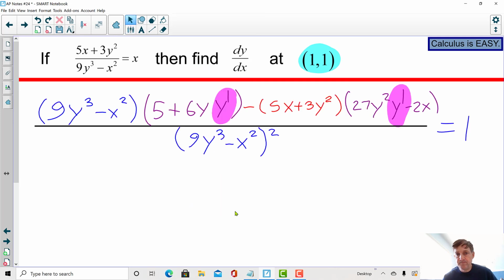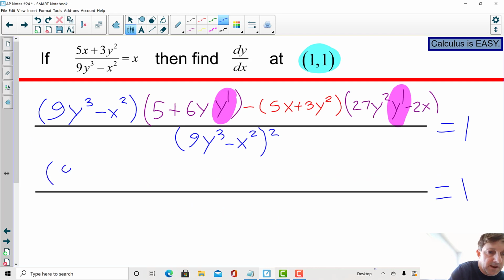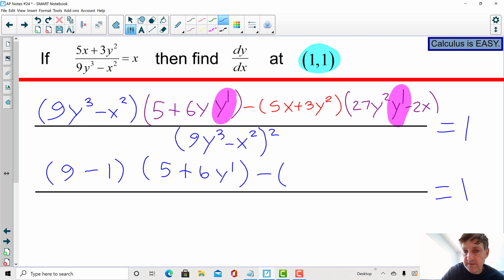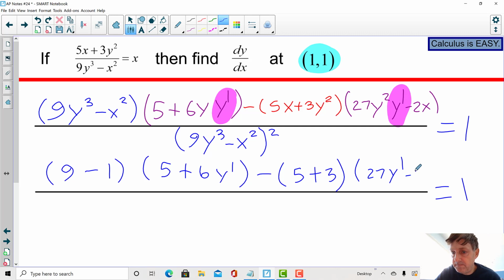Let's move that up. Okay, if I plug in the 1, I'm going to get 9 minus 1, and then 5 plus 6y prime, minus 5 plus 3. And then 27y prime minus 2. On the bottom, I'm going to get 9 minus 1 squared.